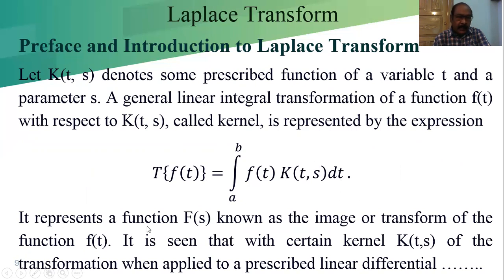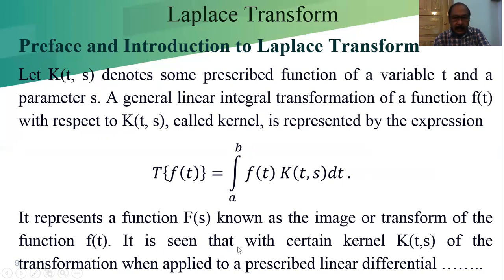It represents a function capital F(s). From the right hand side, we will get a function of capital F(s), because with the limits a to b, t will be integrated out and s remains. So we will get another function in terms of s, known as the image or the transformation of the function small f(t).